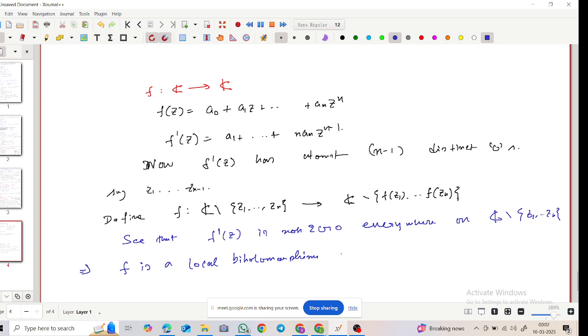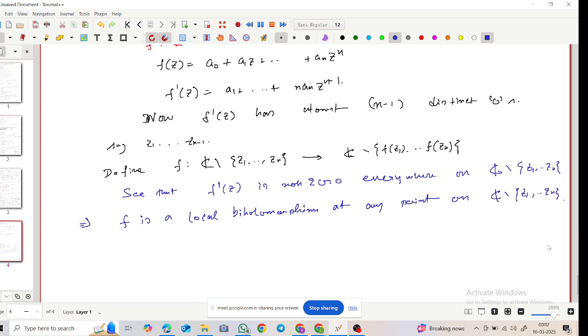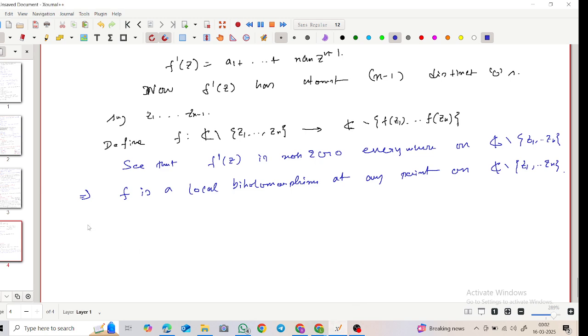It is a local biholomorphism at any point on C minus z1 to z_{n-1}, which implies f is an open map on C minus z1 to z_{n-1}, right? Now think of f in this manner.